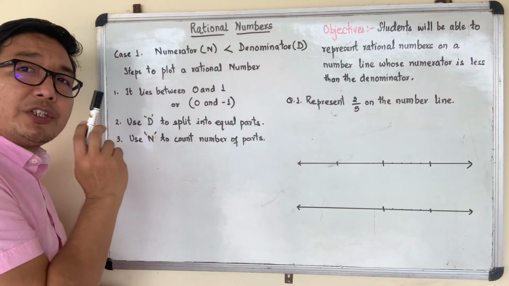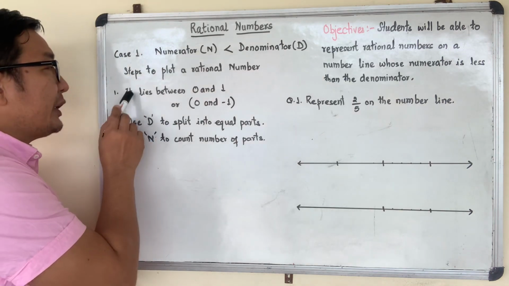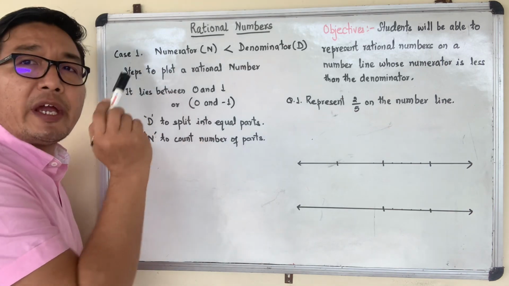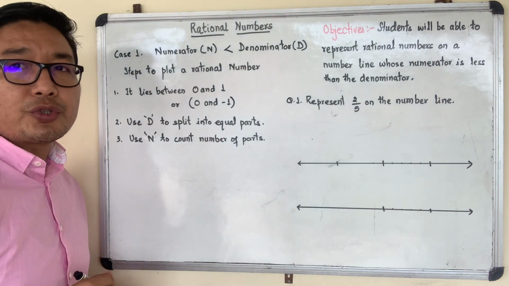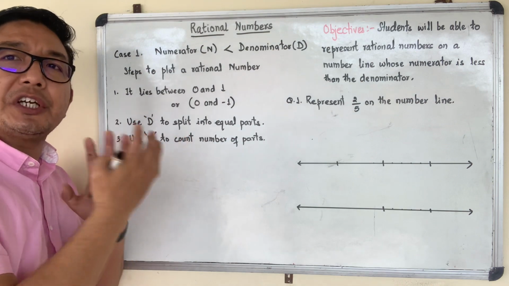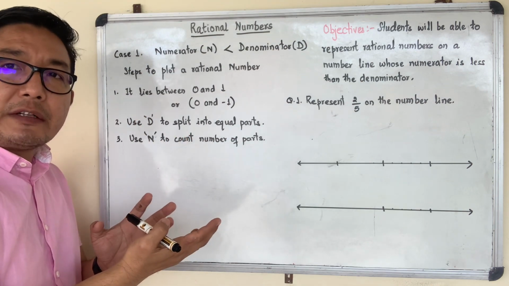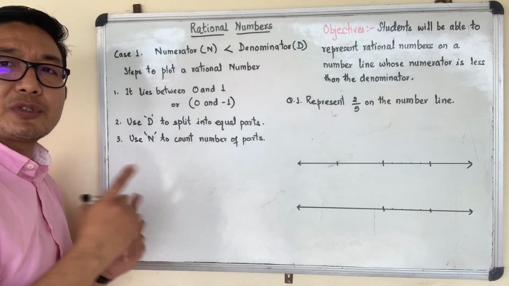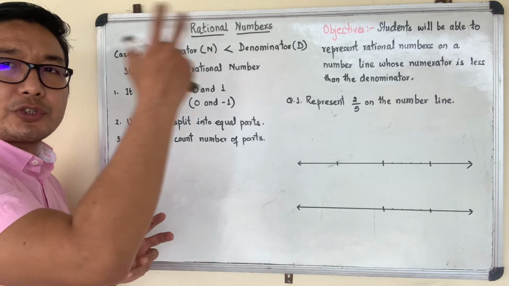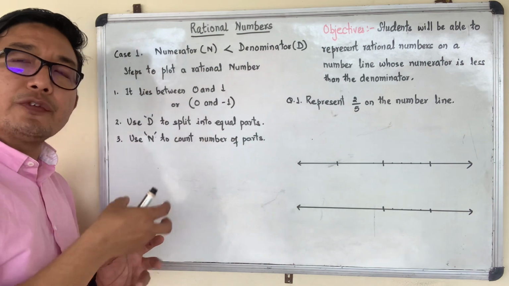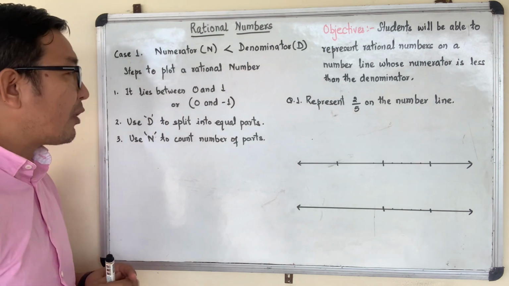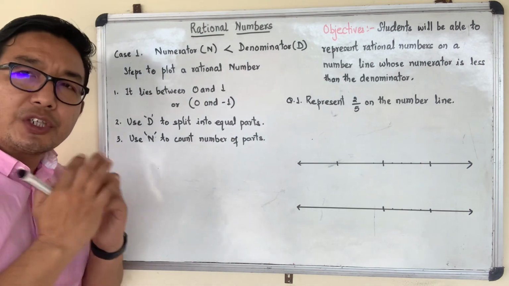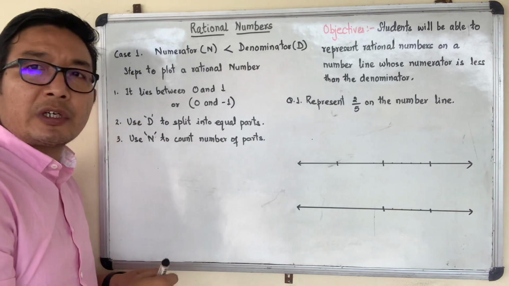In case 1, when the numerator is less than the denominator, it always lies between 0 and 1 if it is positive. If it is negative, it lies between 0 and negative 1. So these numbers will be positive rational numbers and negative rational numbers.